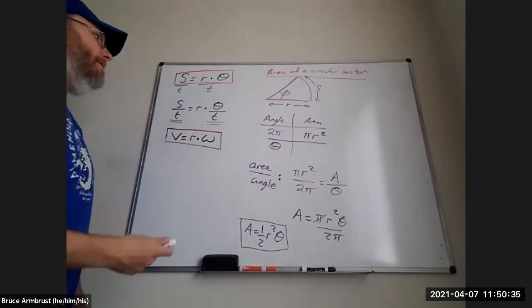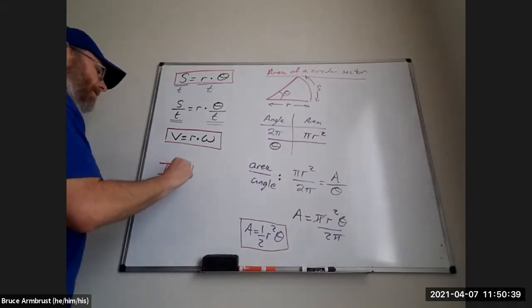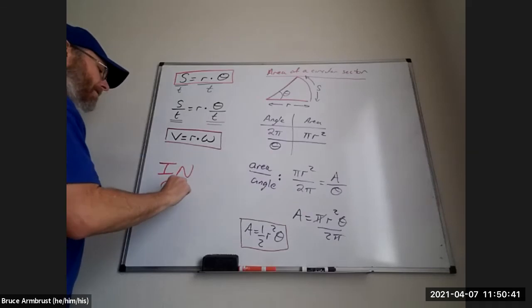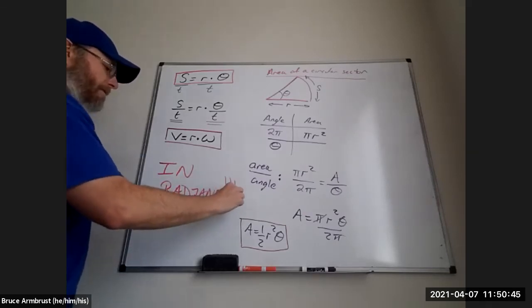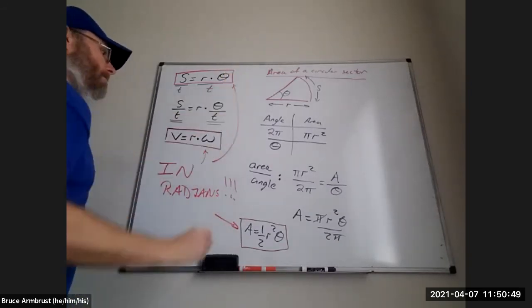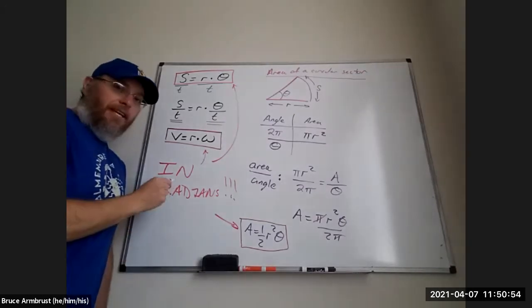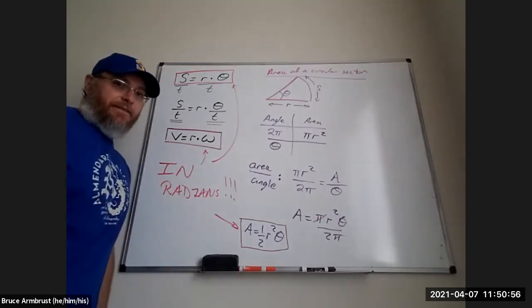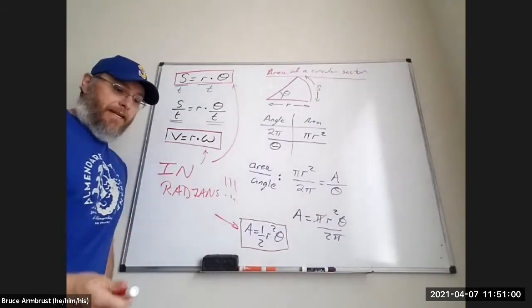And in fact, I'm just going to put a really big note in red, in radians, with some exclamations, and I'm going to point to all of these. All of these formulas in radians, not degrees. Okay, you want to be in radians.